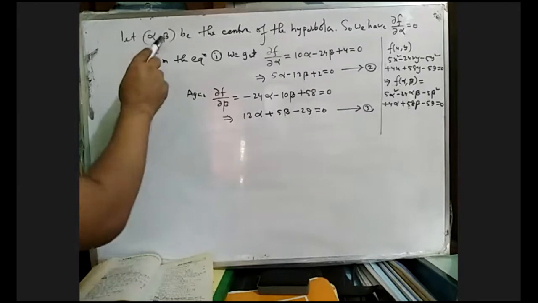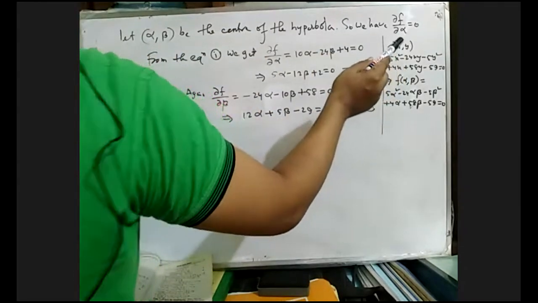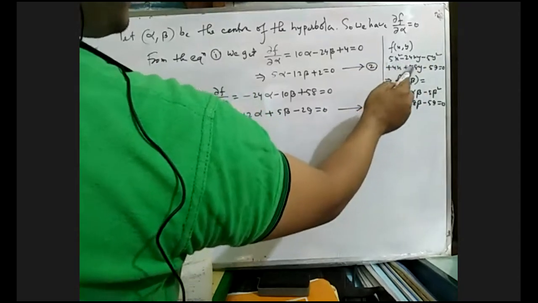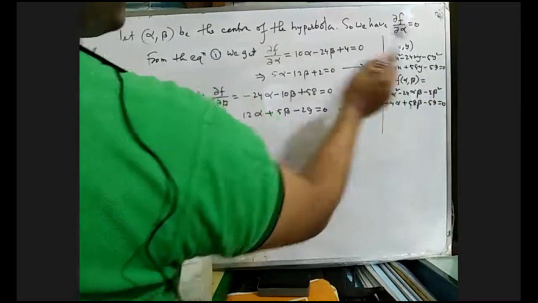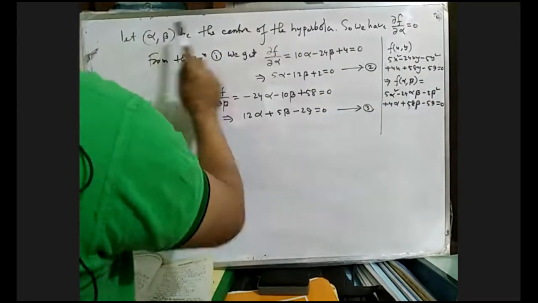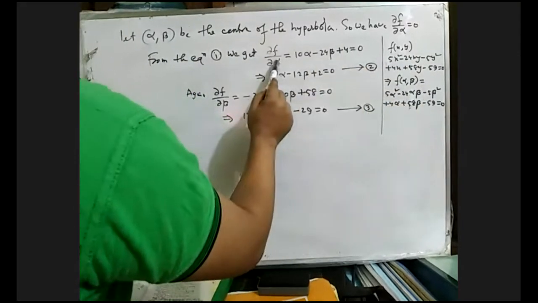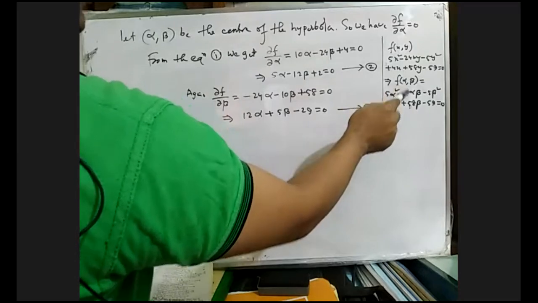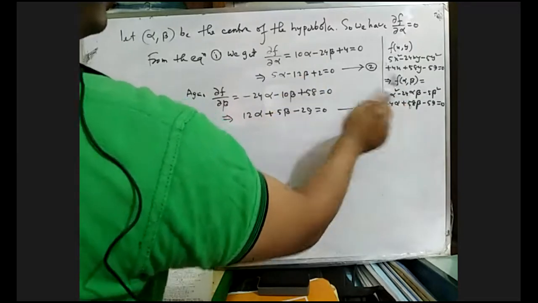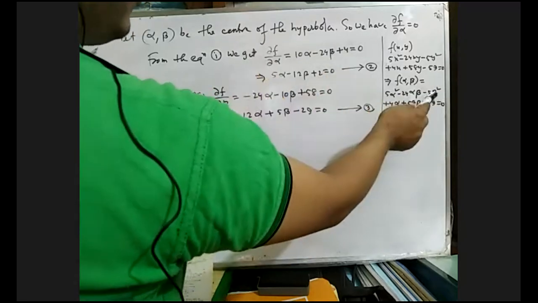So if alpha beta is the center of the given conic, 5x square minus 24xy minus 5y square plus 4x plus 58y minus 59 equals 0, we can replace x by alpha and y by beta. Now taking partial differentiation of f with respect to alpha, we get 10 alpha minus 24 beta plus 4, because the other terms are 0 with respect to alpha.